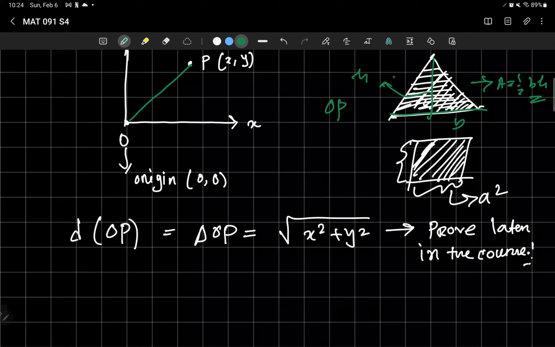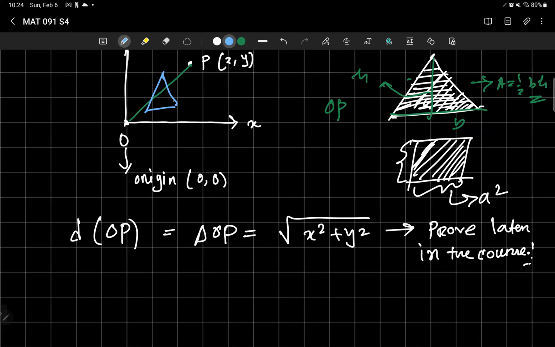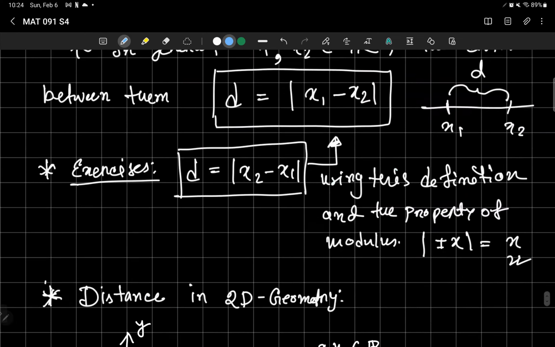That's the question, because you can always drag this triangle over here like this. And if you don't have a notion of distance, you don't even know what is base or what is height, right? And without those things, you cannot define the area. So yeah, that's the notion of distance in 2D.